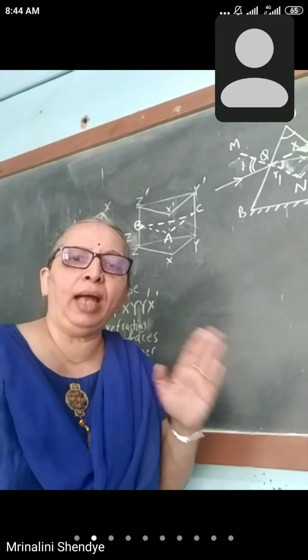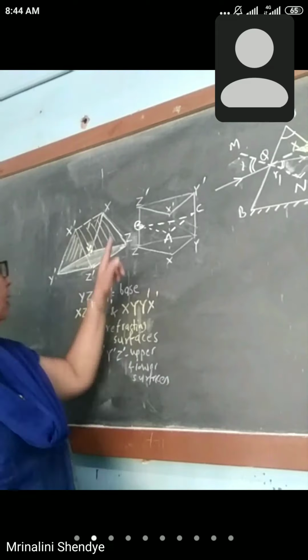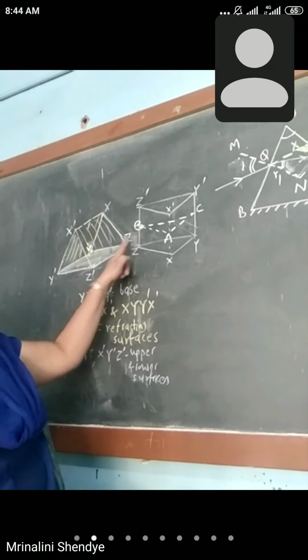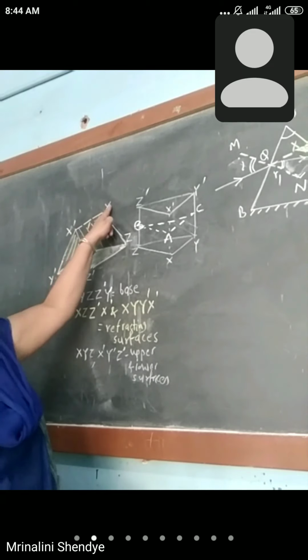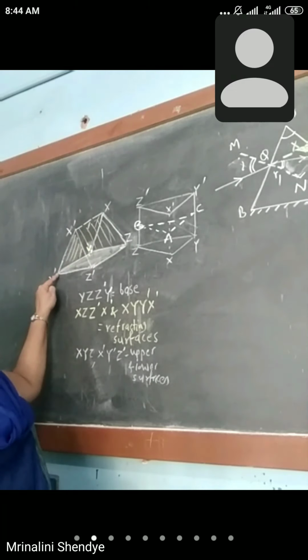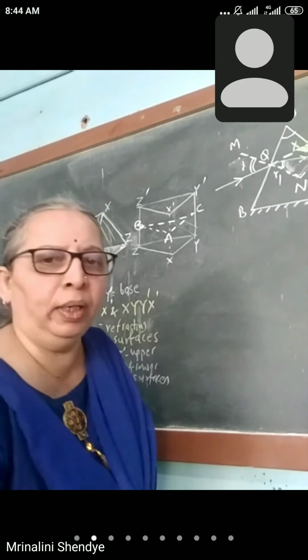We will assume that. So what are the refracting plane surfaces? X, Z, Z dash, X dash, and another is X, Y, Y dash, X dash. I have shown it over here.